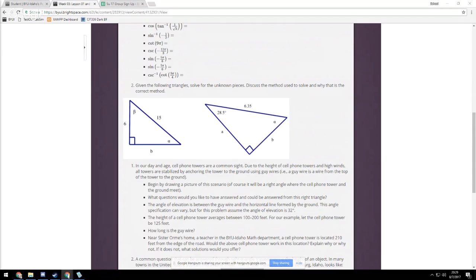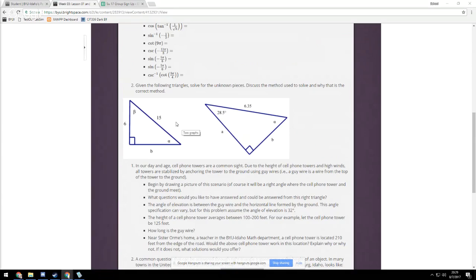You get b equals the square root of 15 squared minus 6 squared. 15 squared is 225, minus 36 is 189.